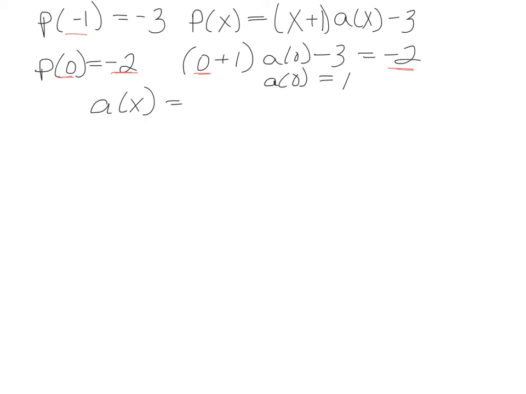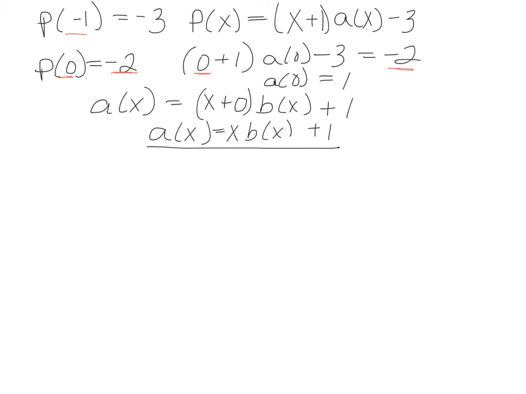So we have x plus 0 b of x plus 1. Okay, that simplifies to x b of x plus 1. So this right here is what we are going to replace in our original equation. Okay, let's go ahead and try it.